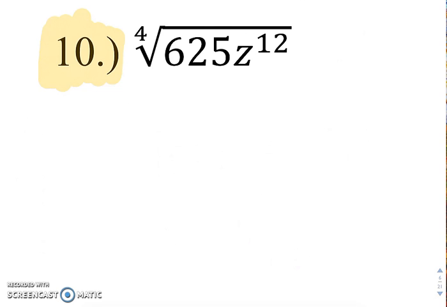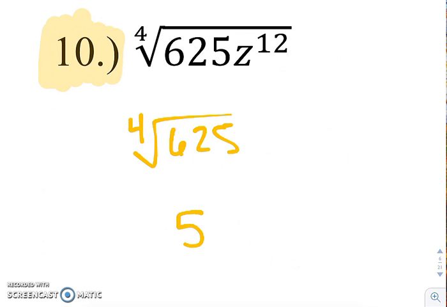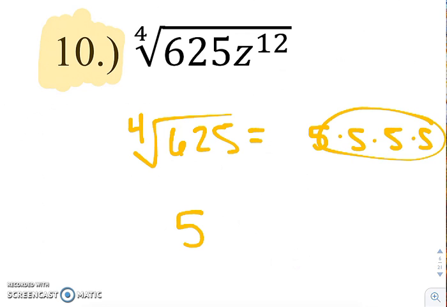So actually, the fourth root of 625 is just 5. So that part will come outside. The fourth root of 625 is 5. You could rewrite that as 5 times 5 times 5 times 5. Right there is your group of 4 5s.